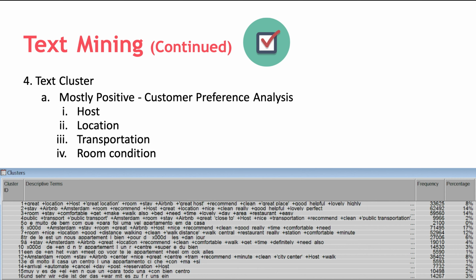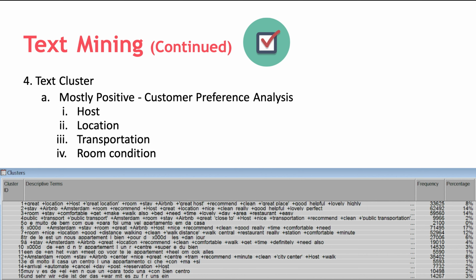Now let's move on to the final part of our text mining, which is the text cluster and the results. As you can see, in our data set, the clusters are grouped into 16 different clusters. Let's take the first cluster as an example. It has a cumulative frequency of around 33,000, and has a percentage of 8% of all the data.